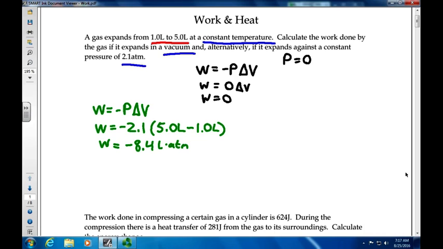So we could leave it at this, or we could convert it to joules. And let's go ahead and do that process. So if you're going to convert liter atmospheres to joules, you simply multiply it by its conversion rate, which is there are 101.3 joules per every liter atmosphere.